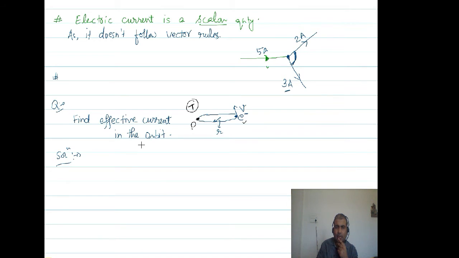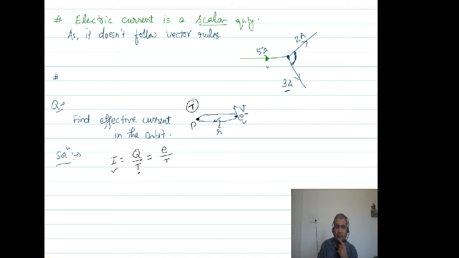I just want to know what amount of charge is passing through any point in this time period T. Then I'll easily get Q by T, and from that the value of current. So I am finding the charge passing through any point in a single time period T, and in one time period this electron will pass through point P one time. So the charge passing through P will be simply e.